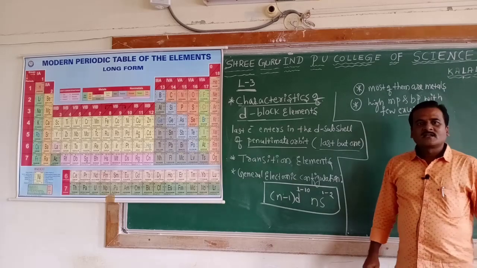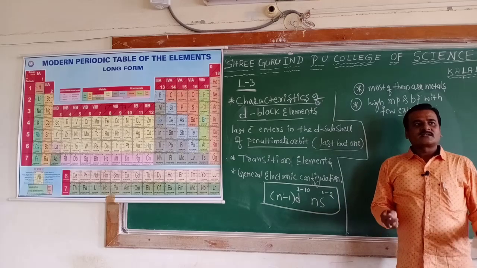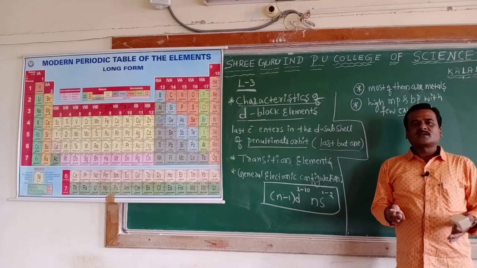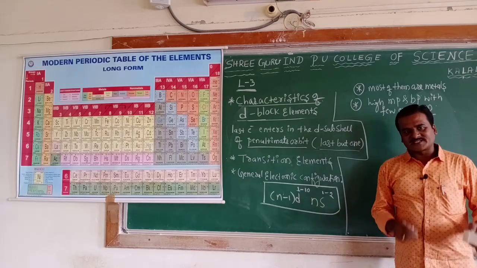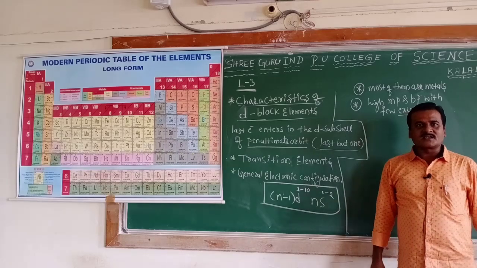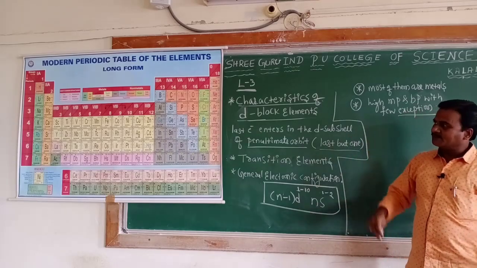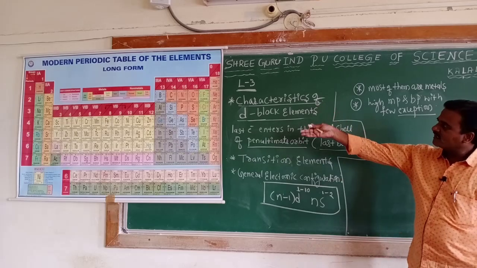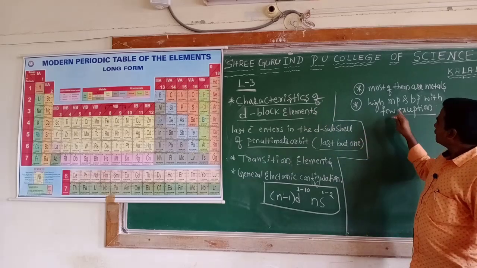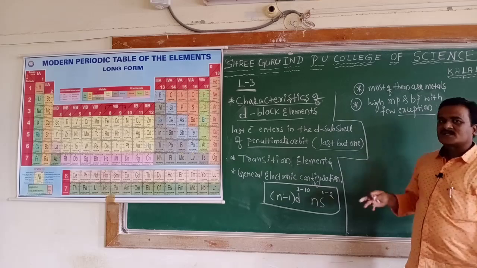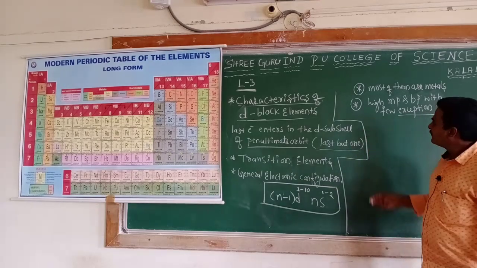Such as mercury, the known metal which exists in the liquid state at room temperature. And gallium, which is in the 13th group, is also an exception.